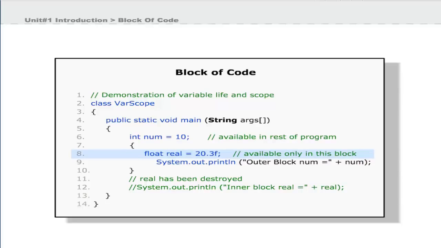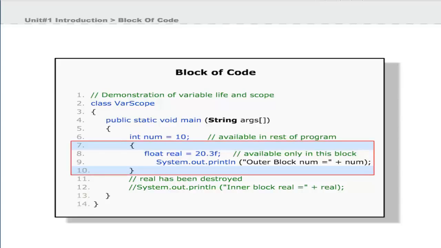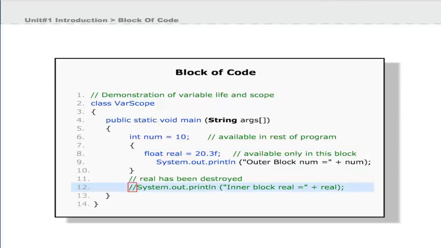Since this is inside the block that starts at line 7 and ends at line 10, and as this block is exited at line 10, this variable is destroyed. If you remove the double forward slashes of line 12, the program will generate a compilation error because you are trying to access a variable that has been destroyed when its block was exited at line 10.